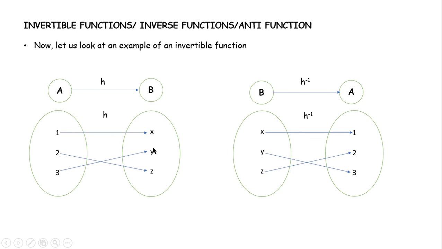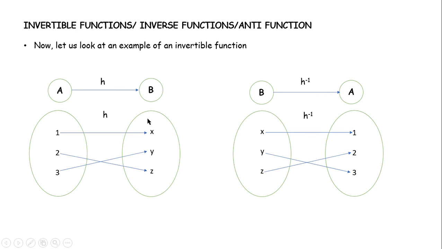Now here I can clearly see that each element in set A is assigned a unique element from set B. That means it is a one-to-one function. And also all the elements of set B have been used. None of the elements is left out.